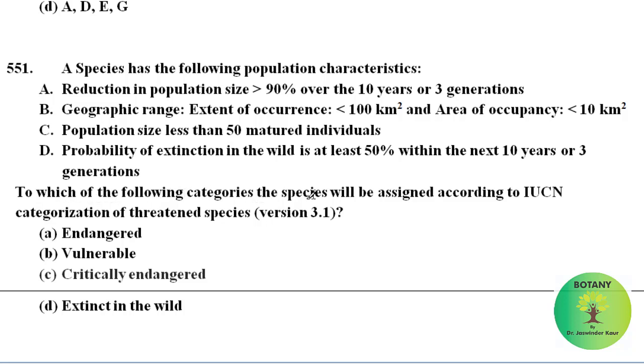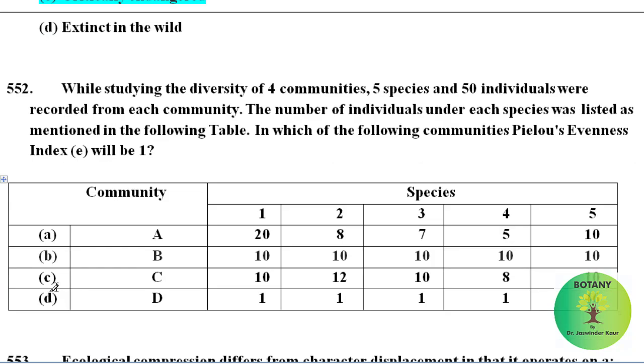To which of the following categories will the species be assigned according to the IUCN categorization of threatened species version 3.1? These all are the characteristics of the critically endangered species.